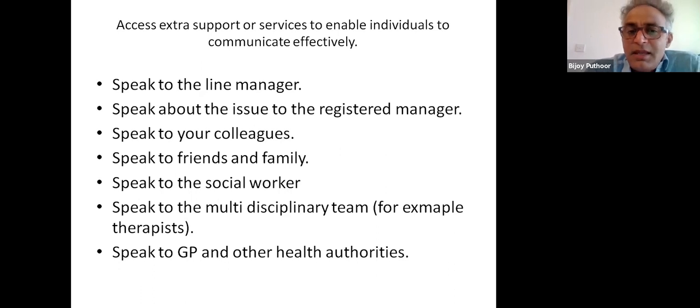The colleagues may be able to help too. For example, if you're communicating with a colleague who has got a lot of experience, her or his experience may say that, okay, this person is finding it difficult to communicate effectively, and this could possibly be the reason, from my experience of working with this person for a long time. That could really help you as well.